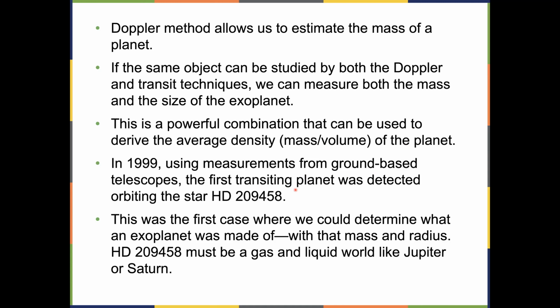And this was the first case where we could determine what an exoplanet was made of, with that mass and radius. And this particular planet was actually a gas and liquid world, which is very similar to our Jupiter and Saturn.